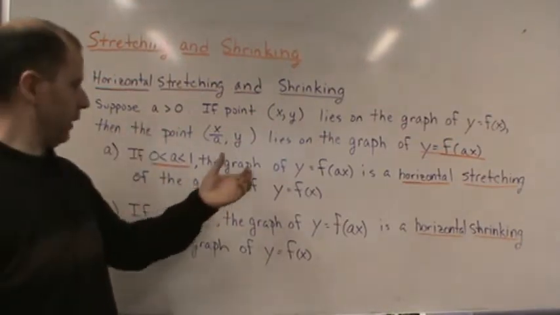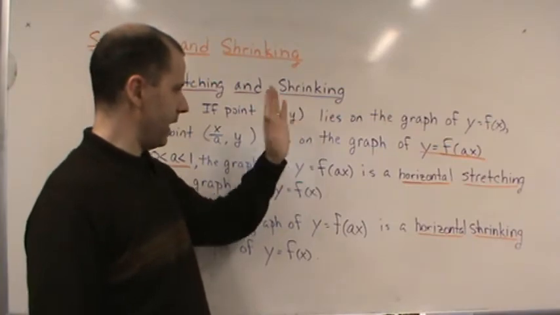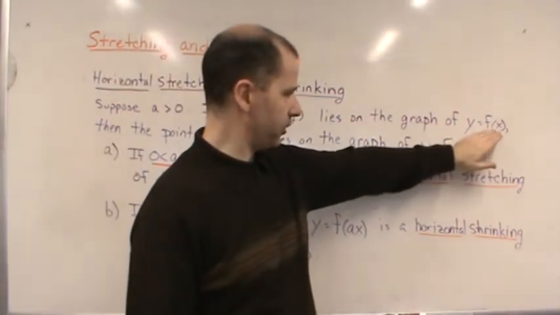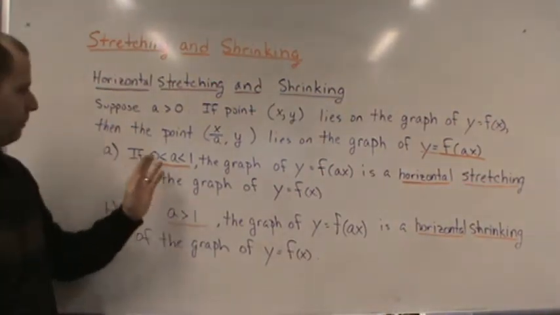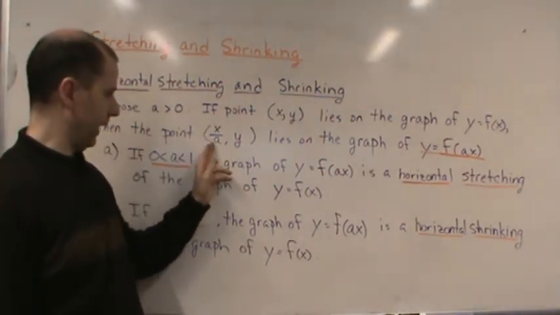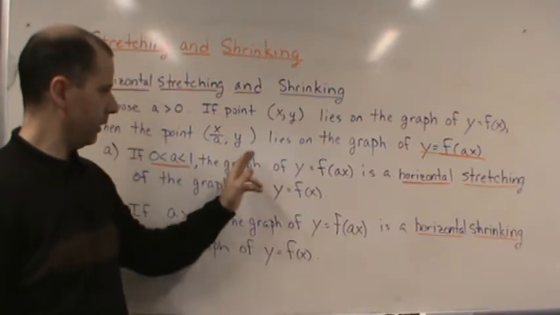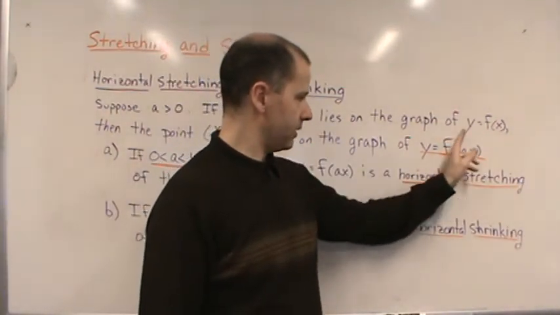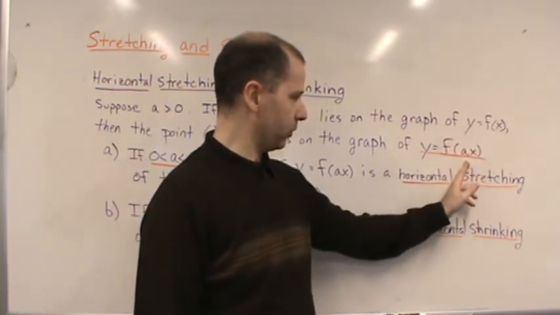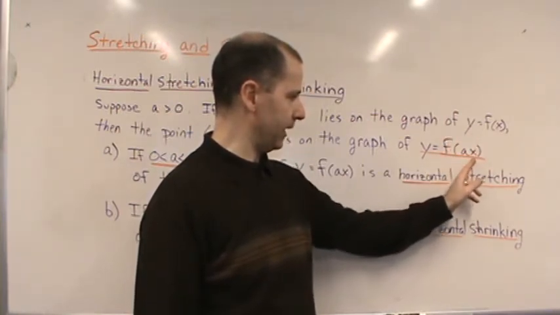We know that if (x, y) lies on the graph of the basic function f(x), or the parent function, then the point (x divided by a, y) lies on the graph of the function y equals f(ax), where a is now being multiplied inside the function.